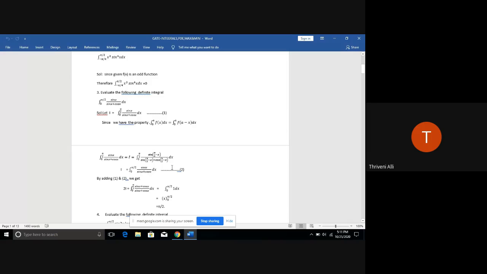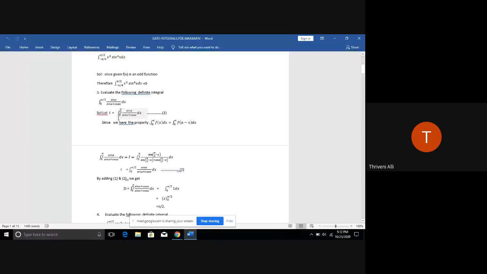Our given integral, let it be I, is equation 1, and after replacing x by pi by 2 minus x we get equation 2.